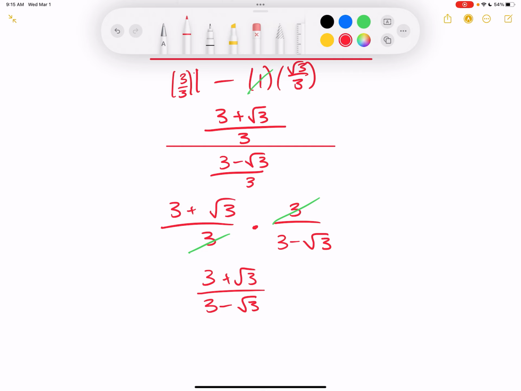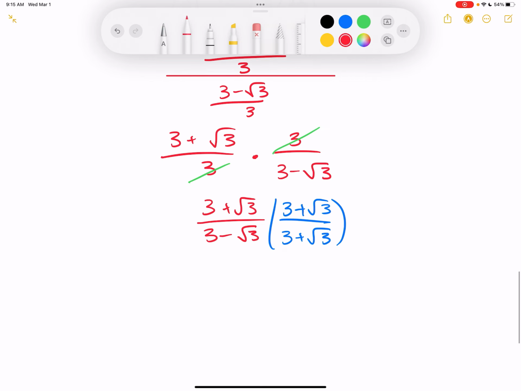Yep. So we want to multiply by the conjugate of the denominator. So we are multiplying by 3 plus the square root of 3, top and bottom. Because what special type does that give me on the bottom? Difference of squares. So that's going to eliminate the radicals.